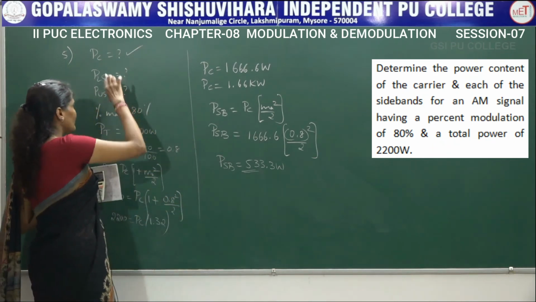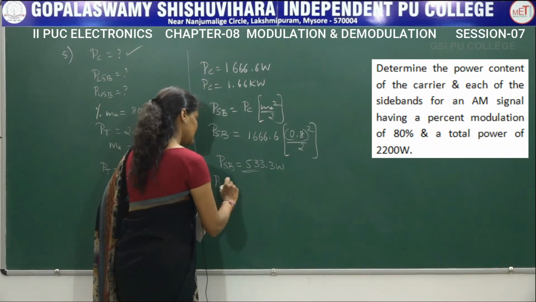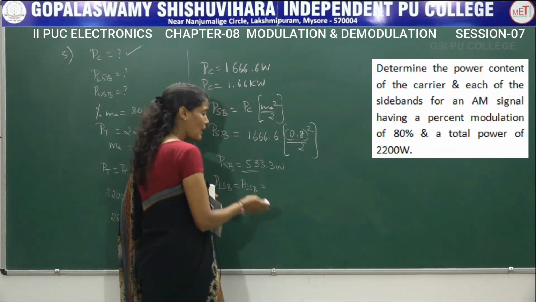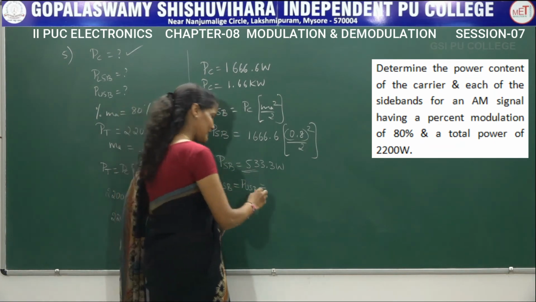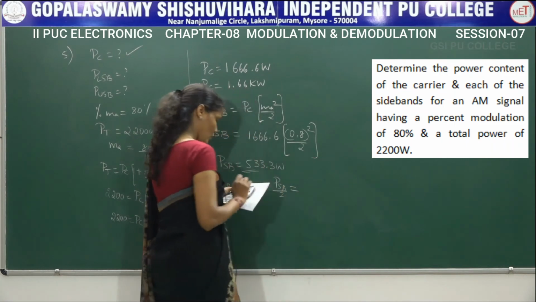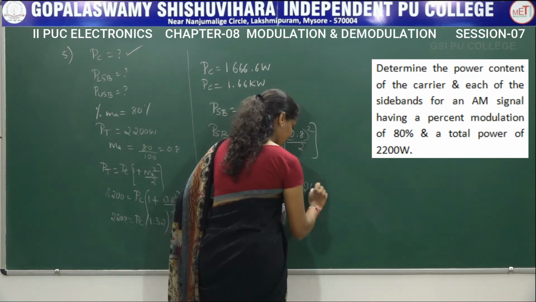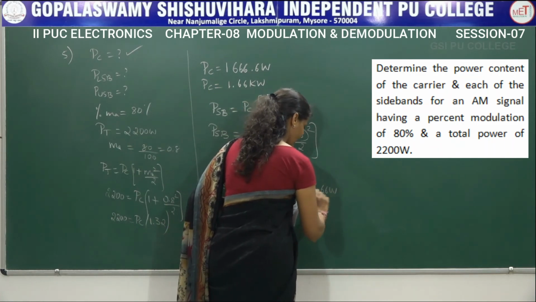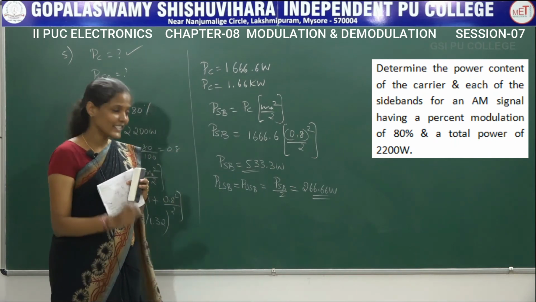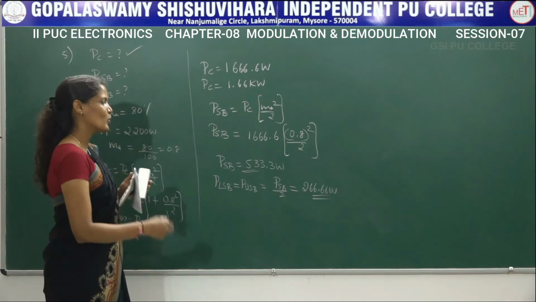Now you have to find PLSB and PUSB, where PLSB equals PUSB, which is equal to half of the power of the sidebands, that is PSB divided by 2, which gives me 266.66 watts. Both PLSB and PUSB values are the same, equal to 266.66 watts.